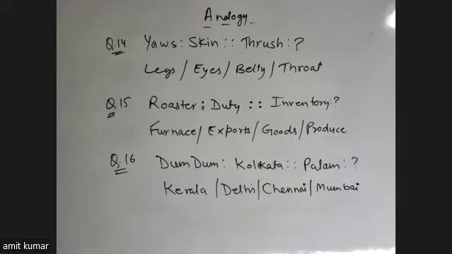Question number 14, what's the answer? First, second, third, fourth: legs, eyes, belly, throat. So throat. Very good. Reason? It is related to disease. Very good. Is it clear to everyone?